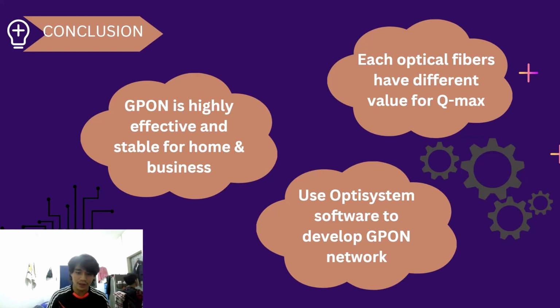If you want to develop a GPON network, we recommend using OptiSystem for simulation and analysis, because GPON is a type of fiber optic network used to deliver broadband connection to residential and commercial customers.